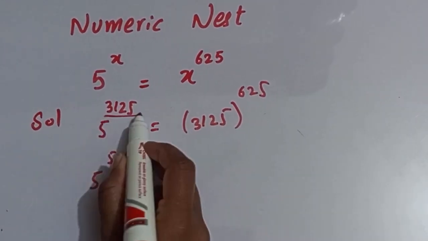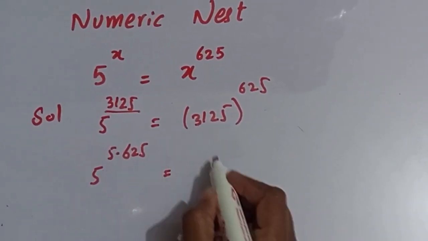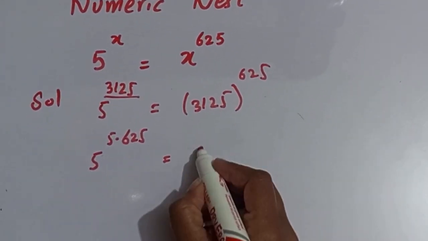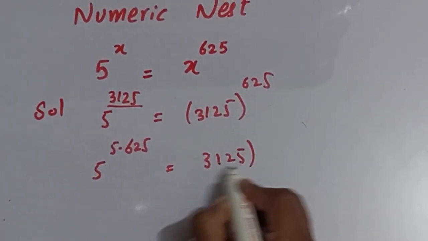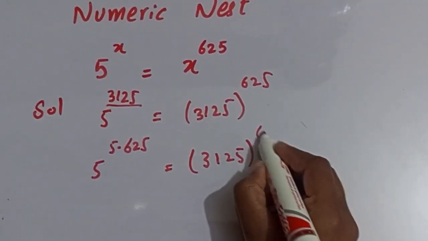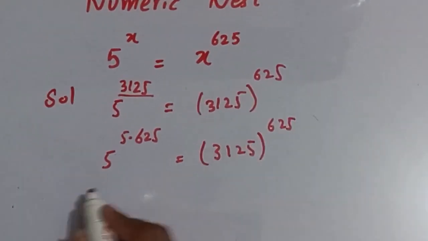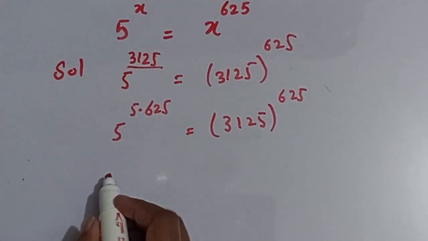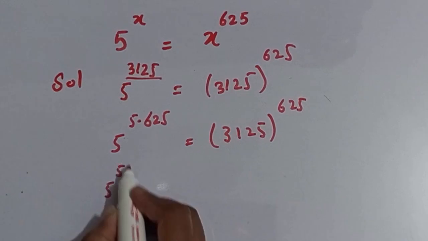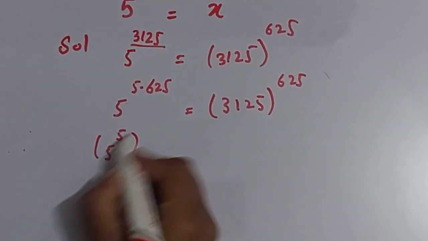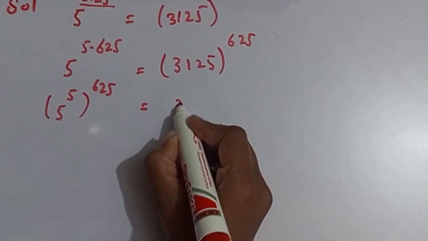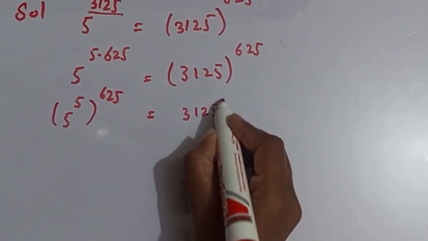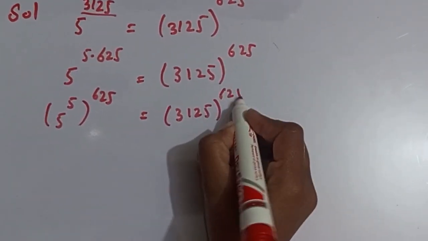This is equal to this one, and this is 3125 and its power is 625. We write this as 5 raised to the power 5, then again the power of this is 625, which is equal to 3125 raised to the power 625.